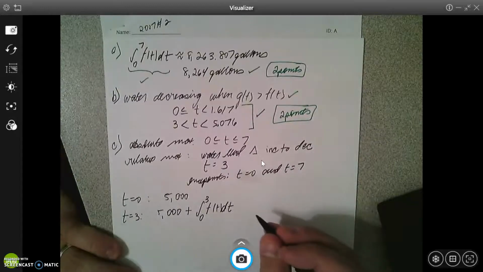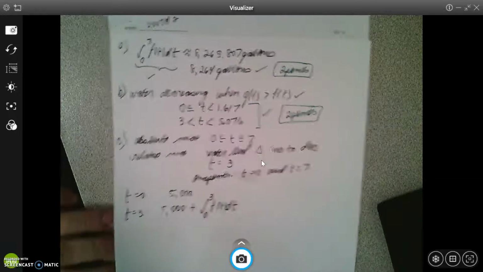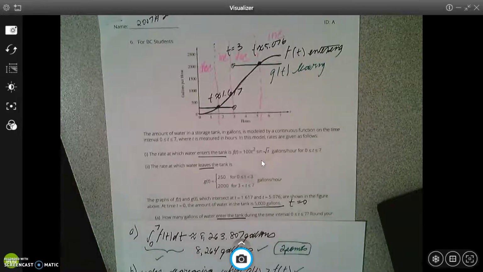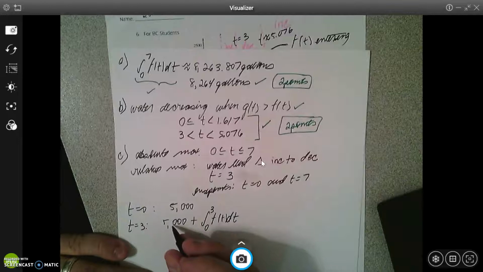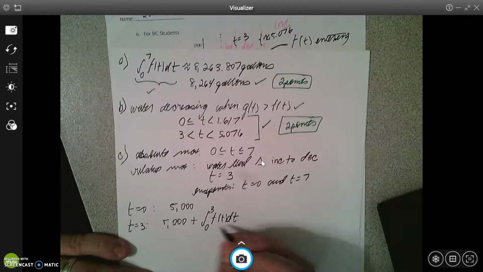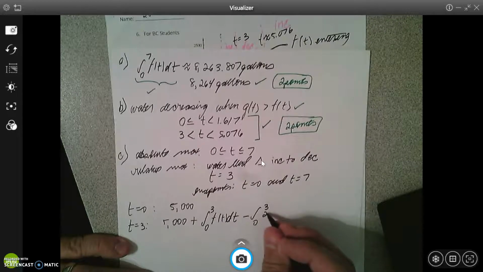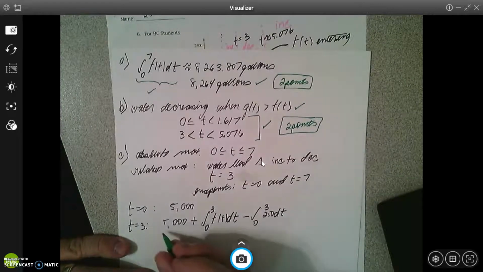But we also have to keep in mind that we had water leaving the tank. And if we go back to the original problem, on the time interval 0 to 3, water was leaving the tank at a rate of 250 gallons per minute. So I'm going to say 5,000 plus the integral from 0 to 3 of f of t dt minus the integral from 0 to 3 of 250 dt.